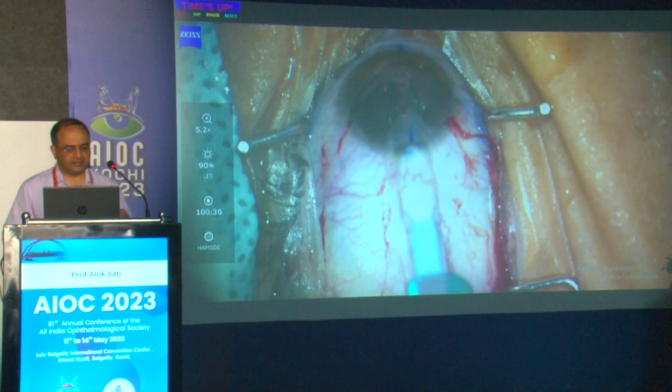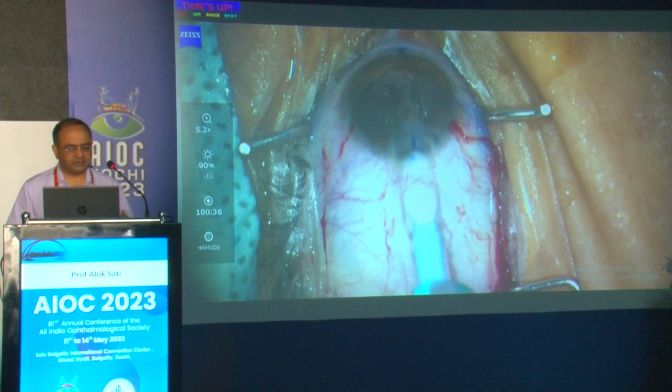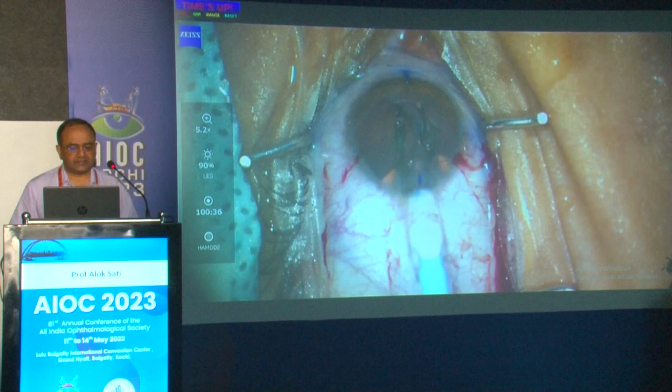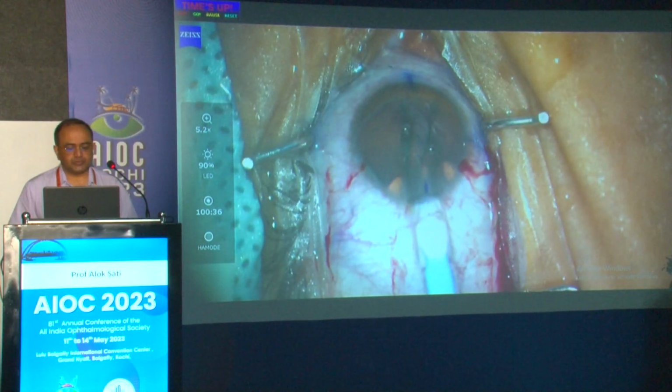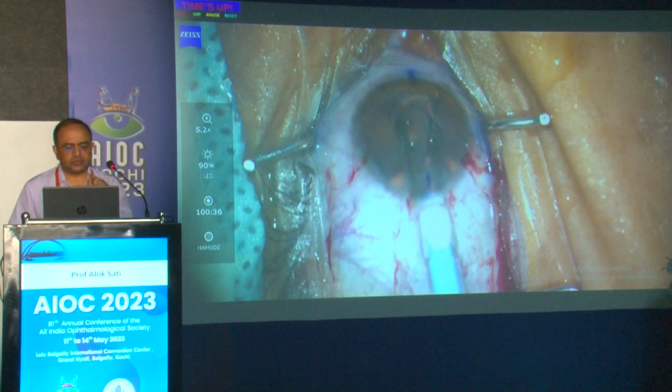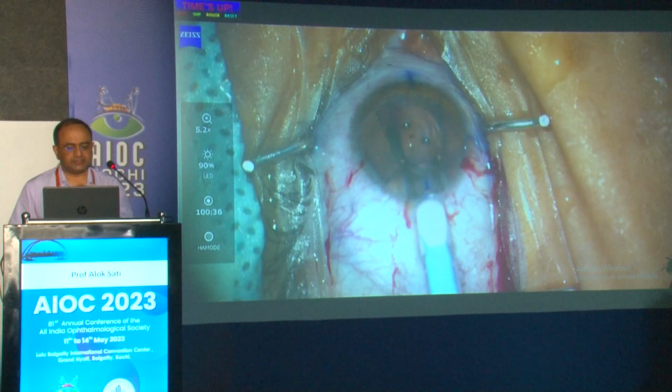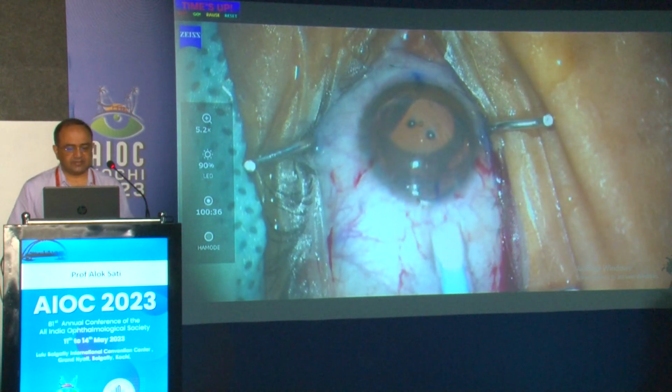And this lens delivery has to be very meticulous and very smooth. And if you see, there is a hole on the right side that shows that the position of this lens is correct.